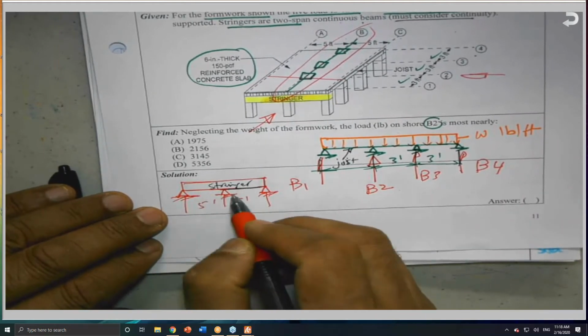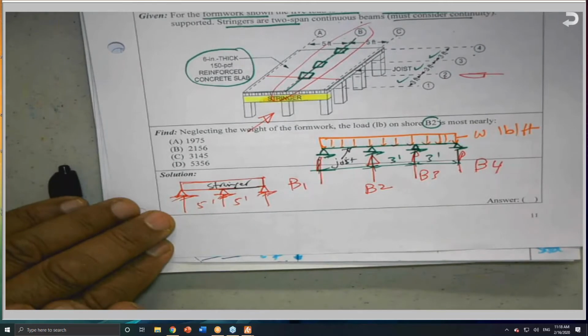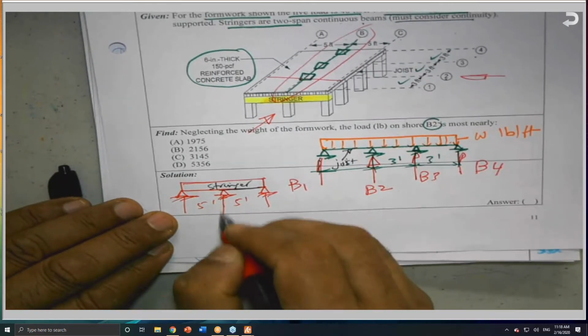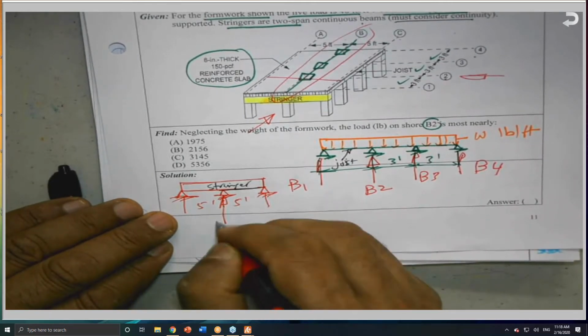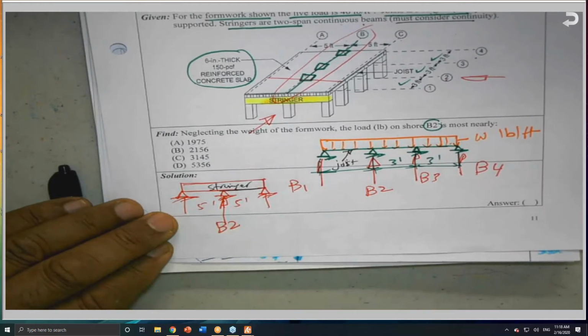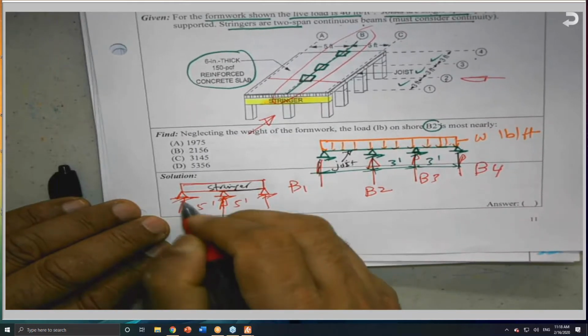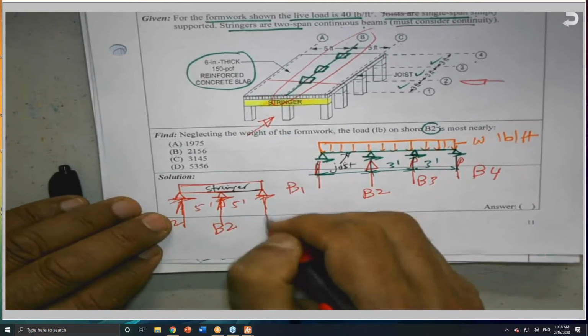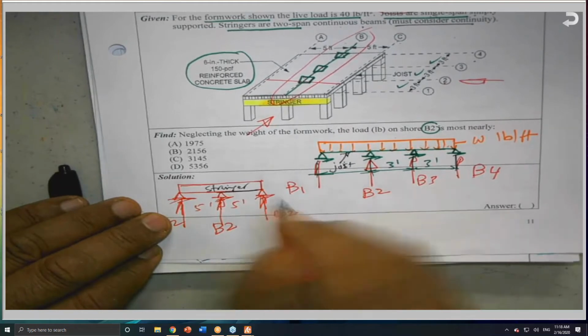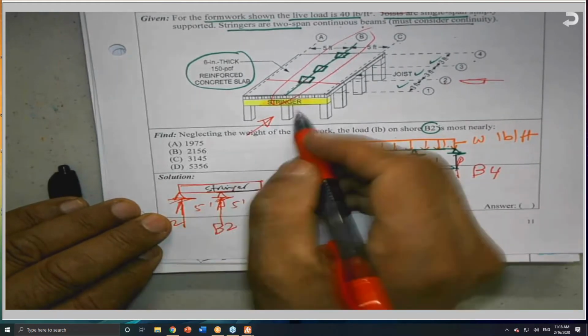This is statically indeterminate. And B2, this is what I'm looking for, B2, and this is going to be A2, and this is going to be C2, looking that way.